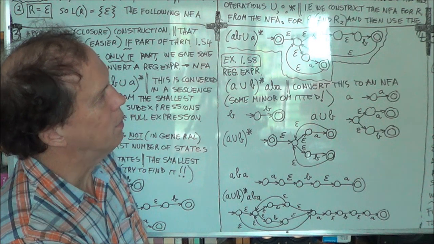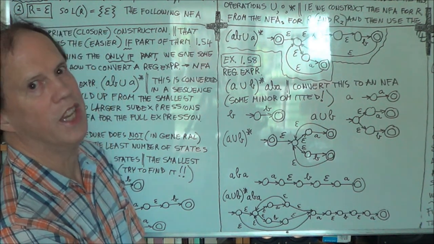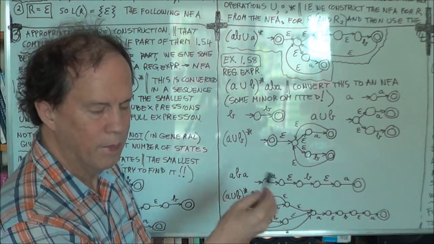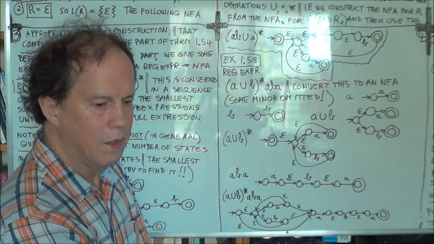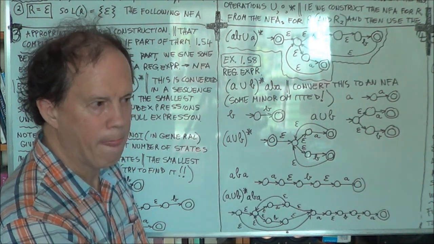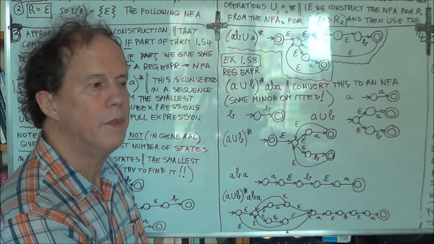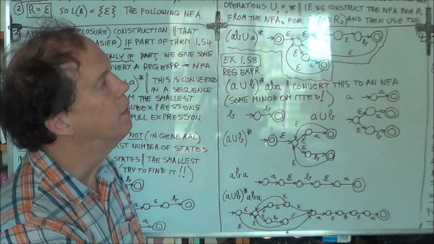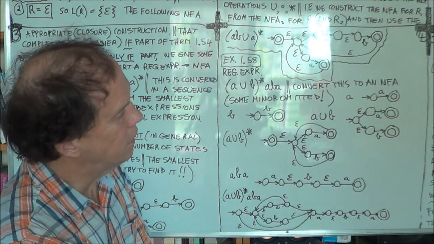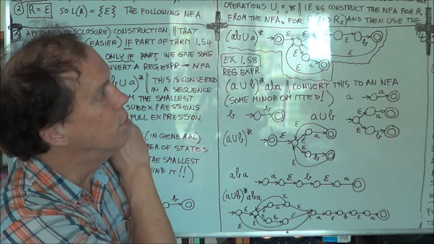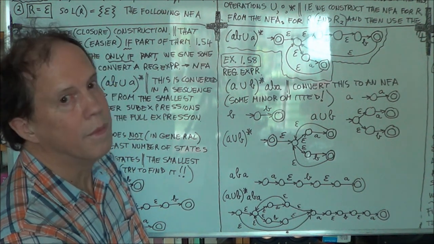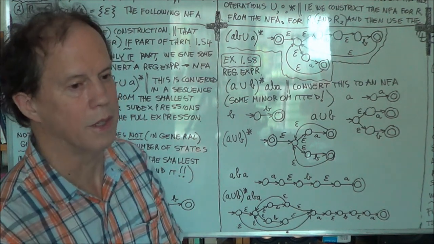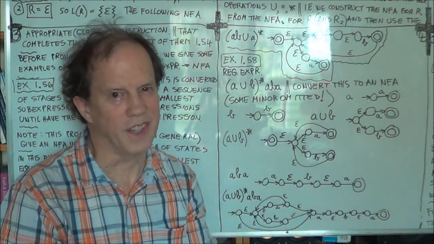What's significant about a GNFA compared to an ordinary NFA is that along the transition arrows, you can have not just input symbols, you can have regular expressions. So we'll use that concept to help prove the only if part of this theorem. Okay, so I don't want to say too much because I'm stealing the content of the next session or two.